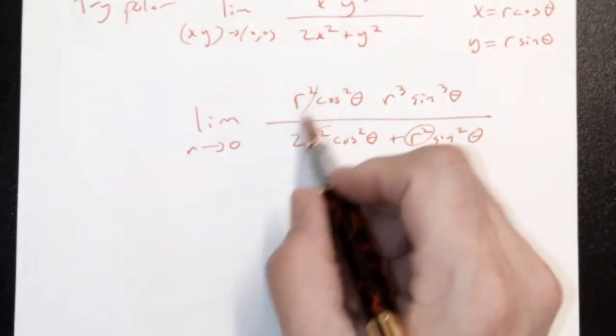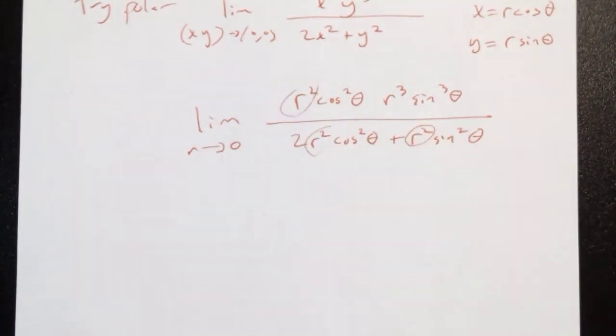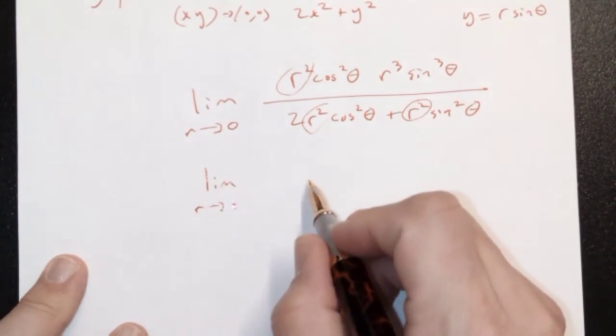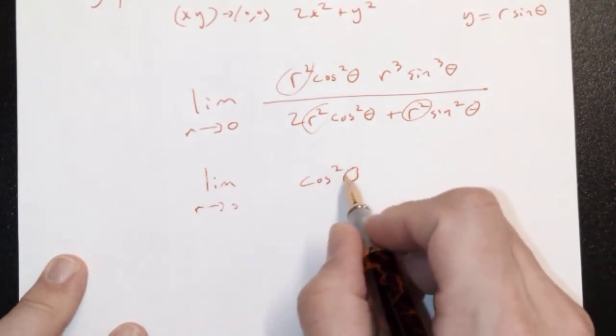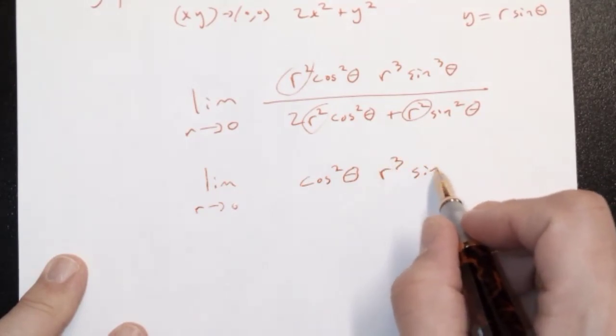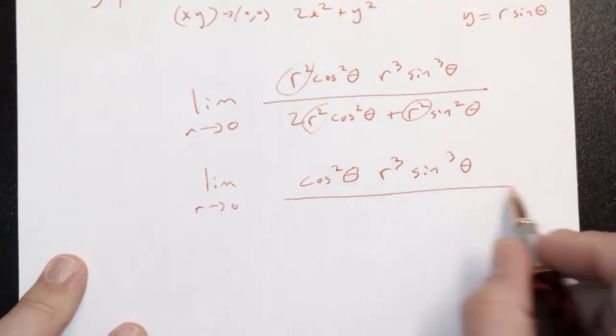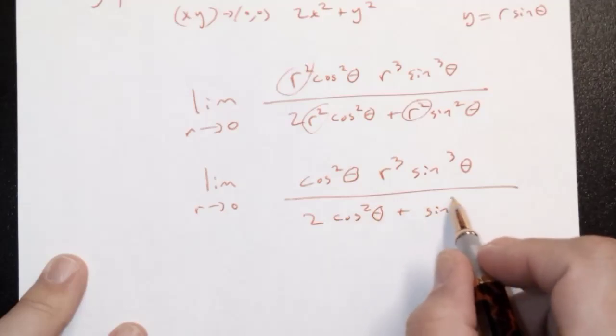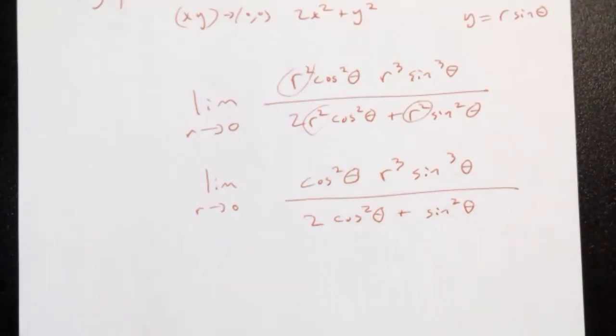And when I do that, I'll be able to cancel it with that r squared. But I'm still left with that stupid r cubed on top, aren't I?